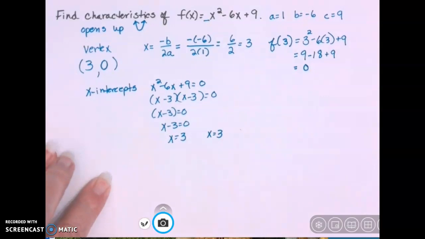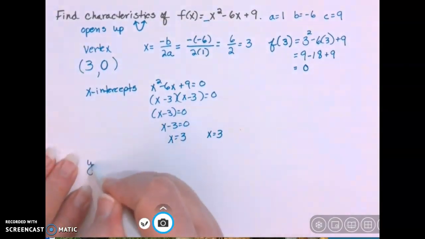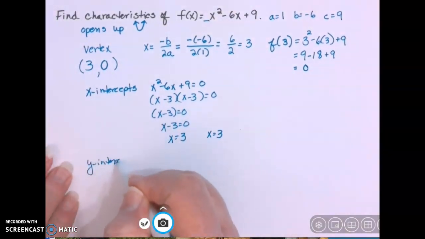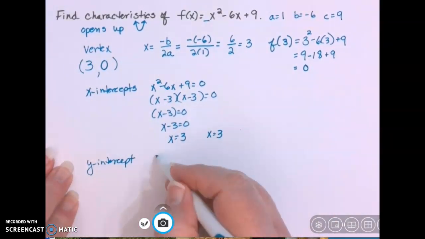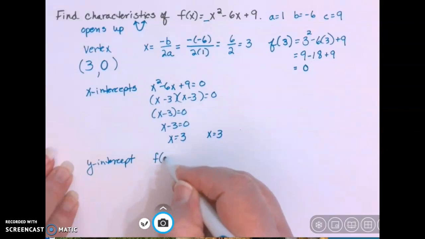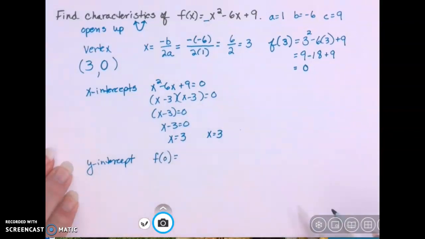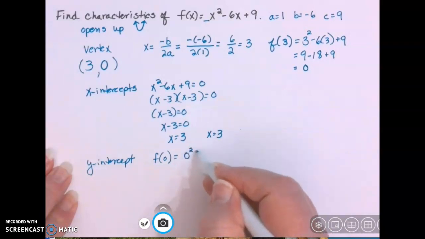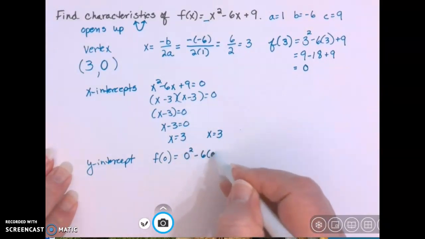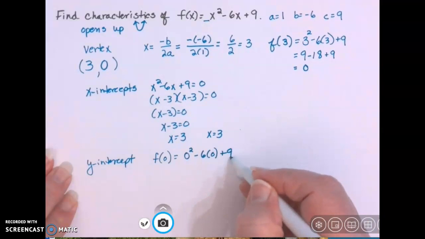My y-intercept is f of 0. So everywhere that we have an x in our original function, we put in a 0. So we have 0 squared minus 6 times 0 plus 9.